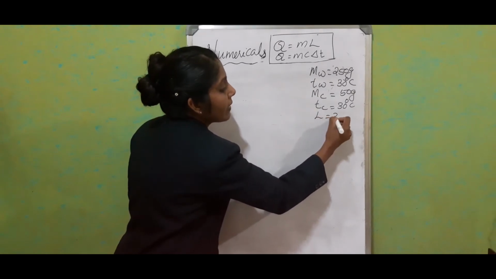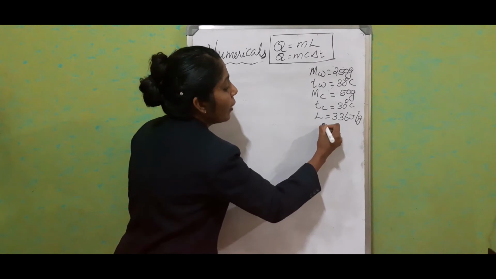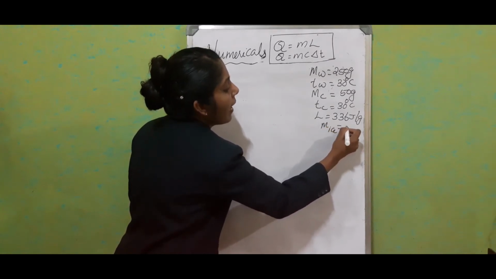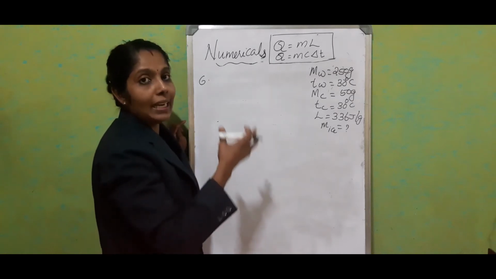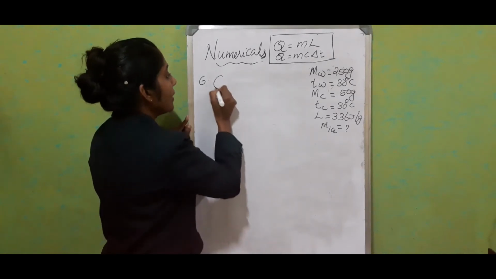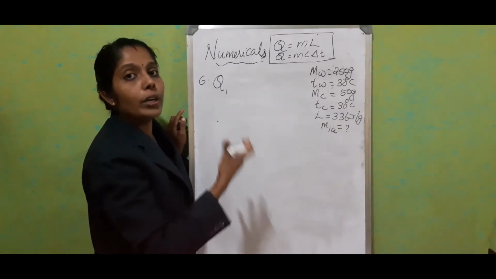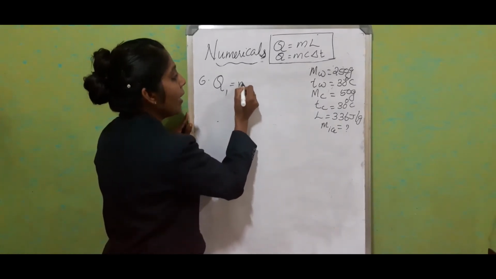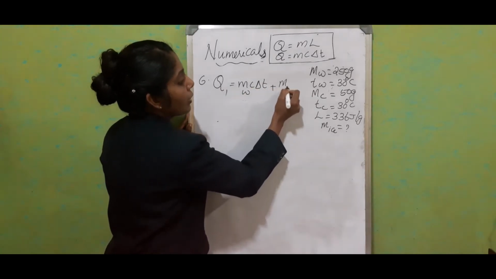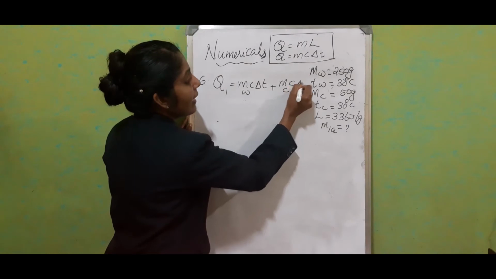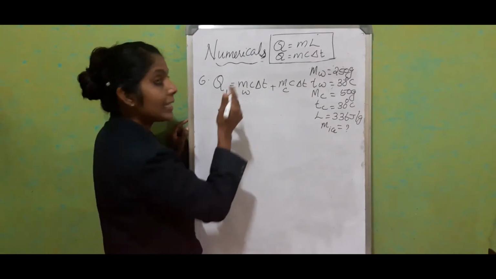The latent heat is 336 joule per gram, and we don't know the mass of ice. We have to find the mass of ice. First we will see the left side. Consider Q1, heat energy lost by the water and the container. It is equal to mc delta T for the water plus mc delta T for the copper vessel. We substitute the values.